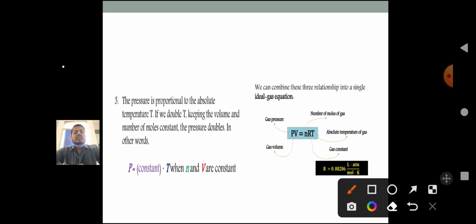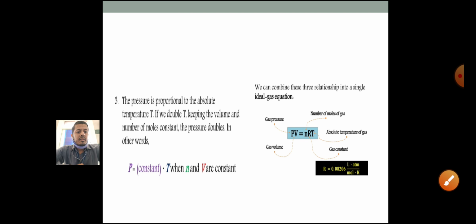So this way we can say that PV is equal to nRT. This is the ideal gas equation.